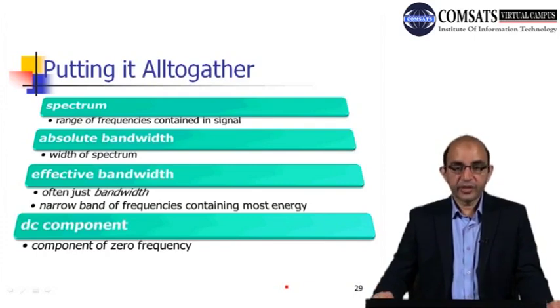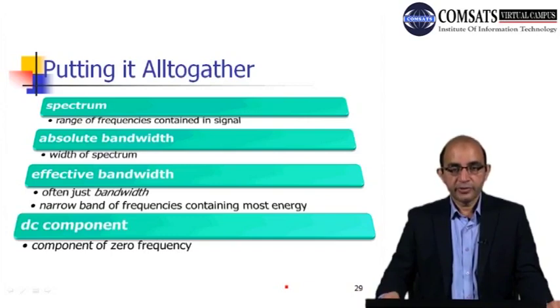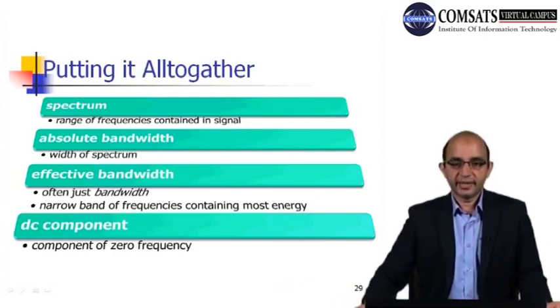We also mentioned that each periodic signal has three components: the DC component, the amplitude at 0 frequency, then the fundamental frequency, and then the integer multiples of that fundamental frequency. That's all for today's lecture.